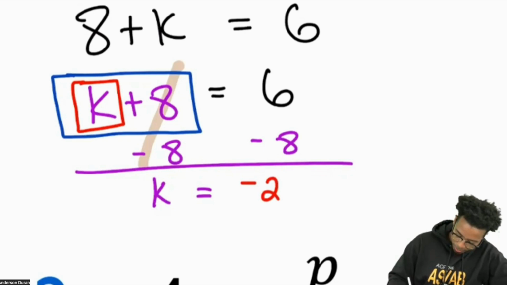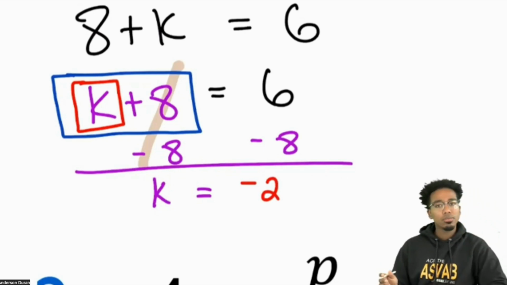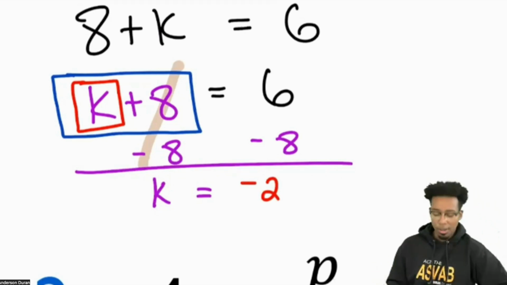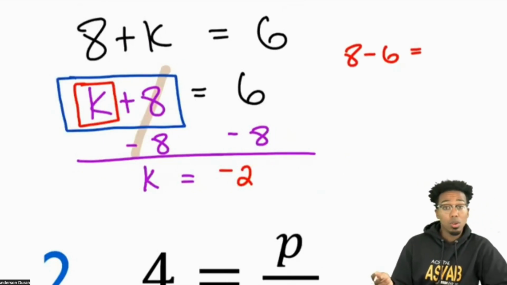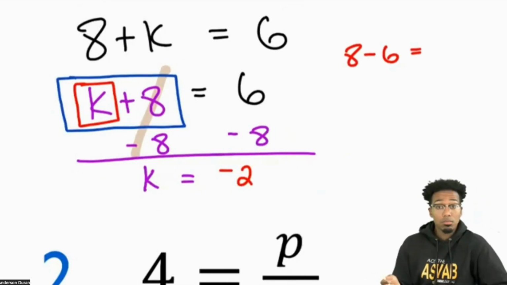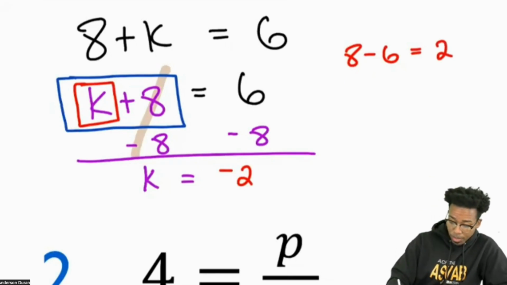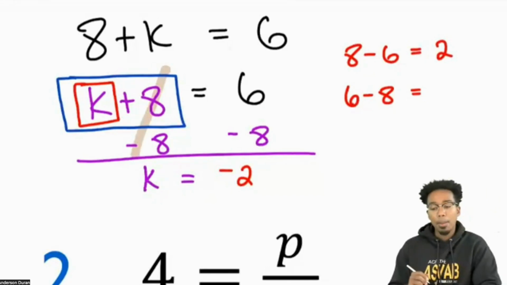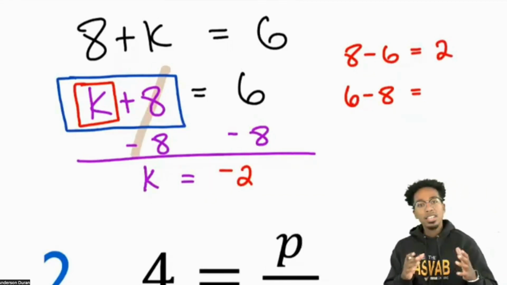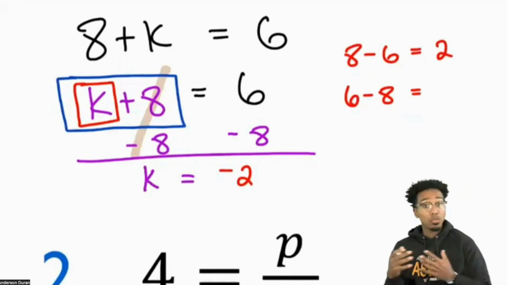And here's why. When it comes to subtraction, it's actually a pretty straightforward concept. If you have 8 minus 6, you're basically saying, what's the difference between 6 and 8? And that's going to be 2. But if you're doing 6 minus 8, you're basically going the opposite way. If I have 8 and take away 6, I have 2 left.